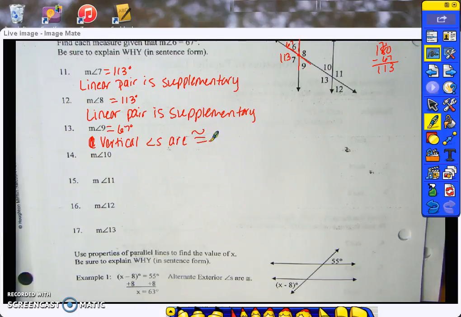And remember, congruent means that they're exactly the same. Alright, for number 10, if I take this intersection, put it on top of this intersection, 6 will go right on top of 10, so that congruent has to be exactly the same. That means that they are corresponding angles, which means they are congruent.